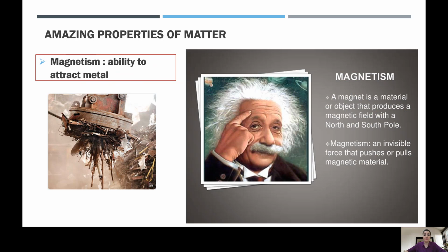If I'm talking about magnetism, it is usually a property that describes metals. As you can see in this picture over here, this instrument is able to attract all the things that are made of metal. However, things that are not made of metal will not be attracted by this magnet. So magnetism is an attractive force that is invisible, we can't see it, but it is still described as a physical property.